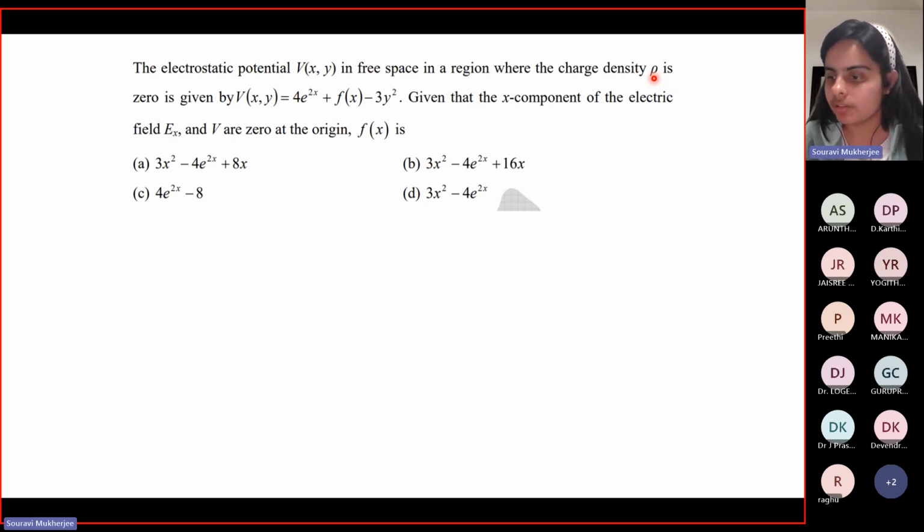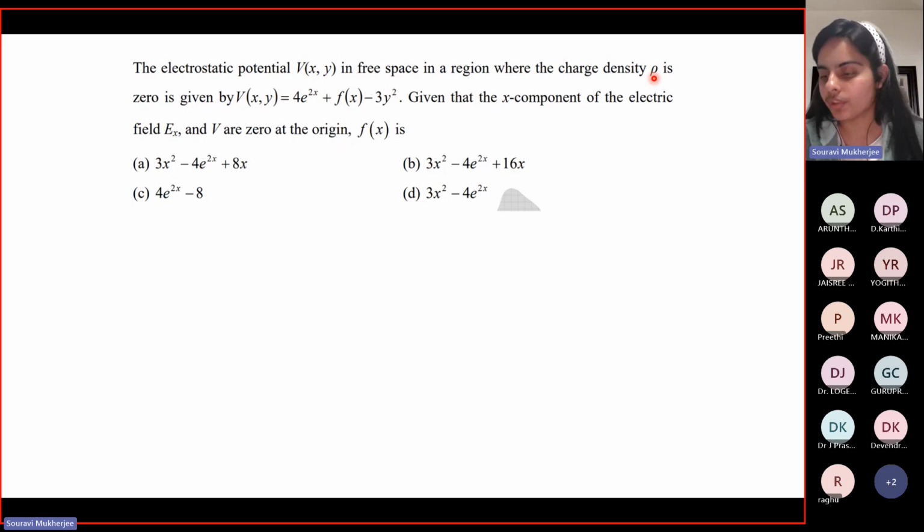Guys, are you following, or if you're stuck somewhere or have some confusion, please let me know. Joyshri. Okay. Gauss's law. Okay. But what form, right? What expression?